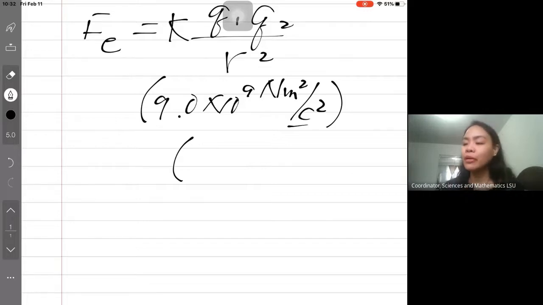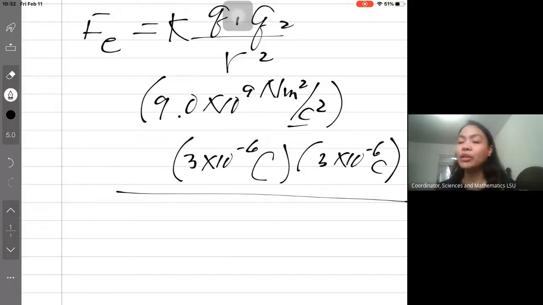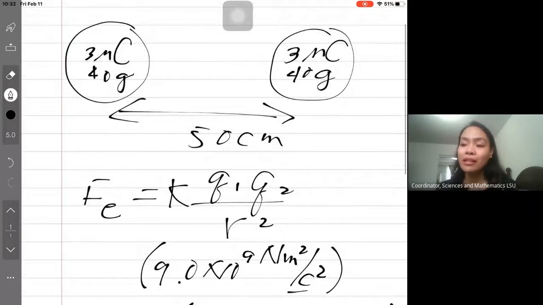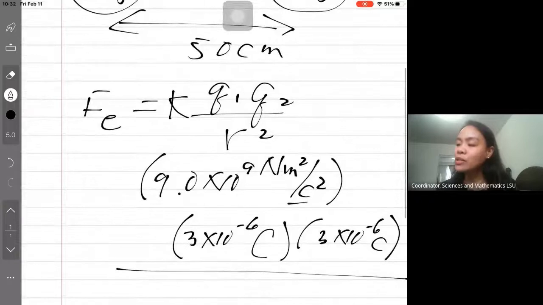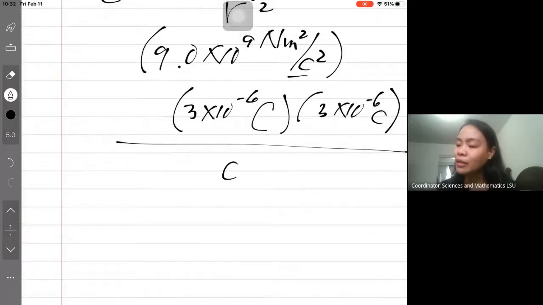So 3 microcoulomb will be equal to 3 times 10 to the negative 6 coulombs times 3 times 10 to the negative 6 coulombs, over r squared. What will be r? R is the distance between them, which is 50 centimeters. And our constant again is in meters, so you must have it in meter. So 50 divided by 100 would be 0.5 meter.